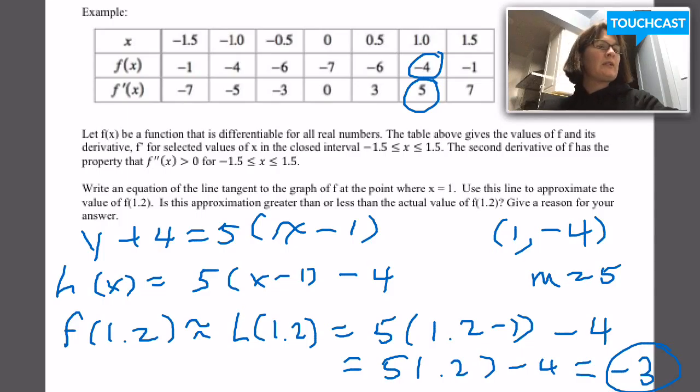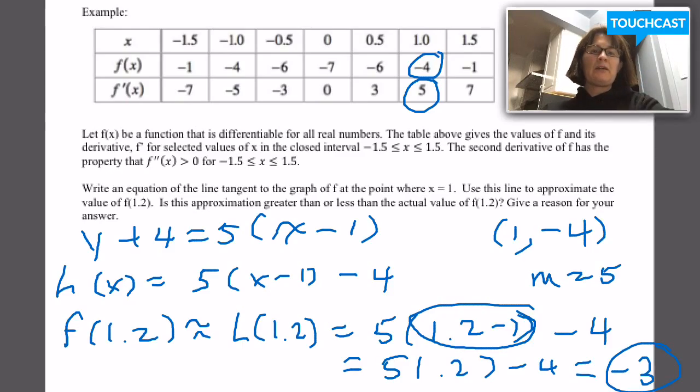If I had distributed, it's not that the multiplication becomes difficult, but the multiplication is easier if you leave this here and take care of this subtraction first. So the answer to the second sentence of this problem, f of 1.2 is approximately equal to negative 3.